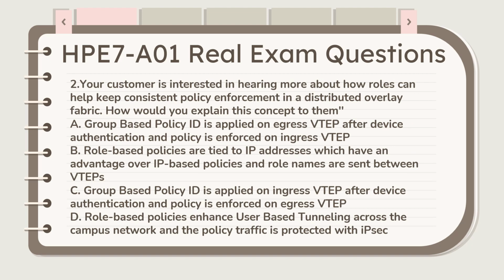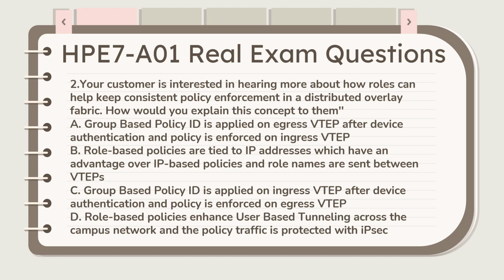2. Your customer is interested in hearing more about how roles can help keep consistent policy enforcement in a distributed overlay fabric. How would you explain this concept to them? A. A group-based policy ID is applied on egress VTEP after device authentication and policy is enforced on ingress VTEP.